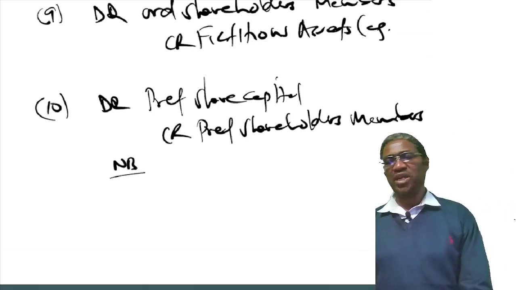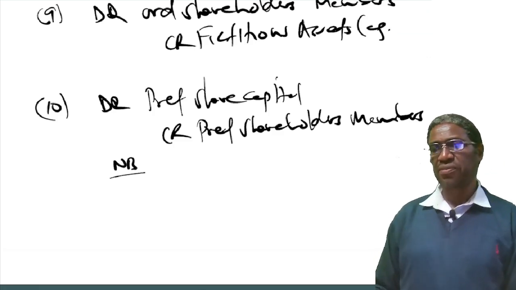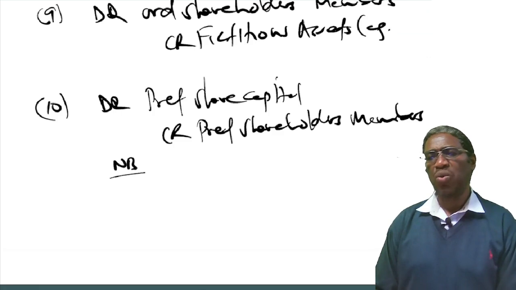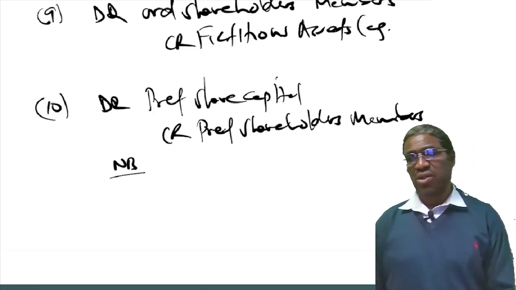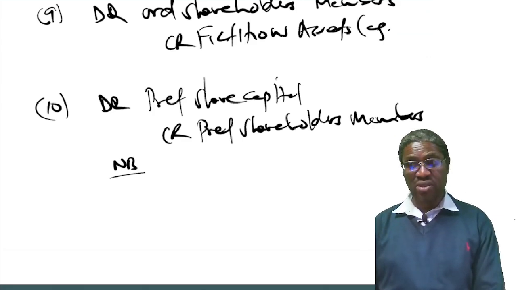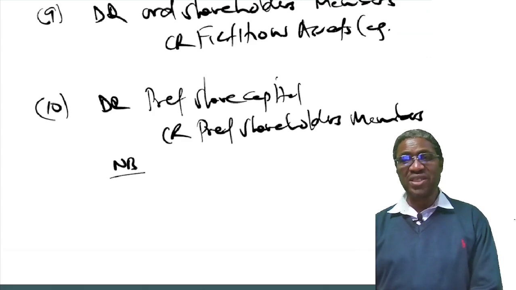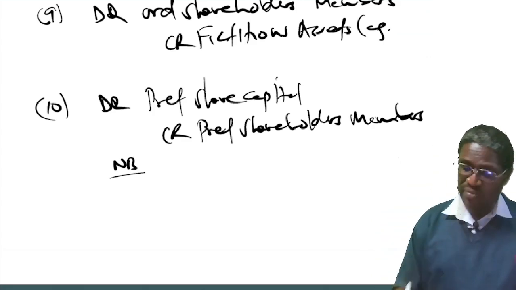Then below number 10, you can write NB: with any preference dividends in arrears. Remember, we said it belongs to them.